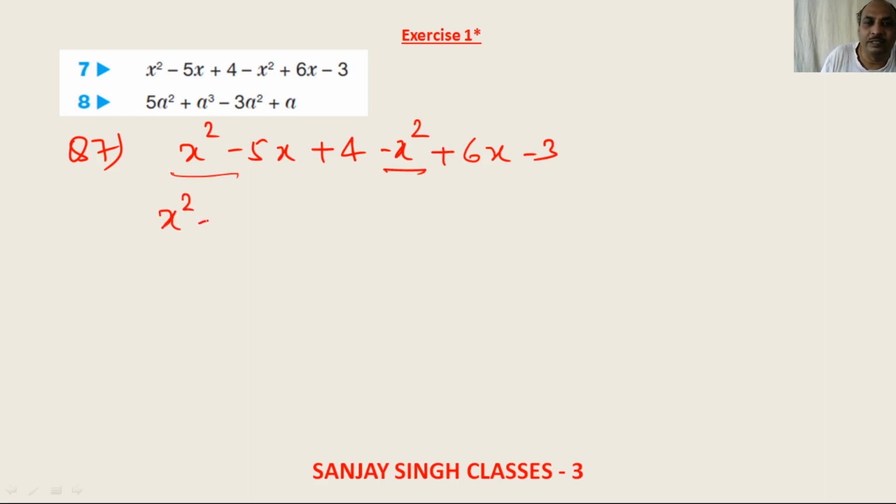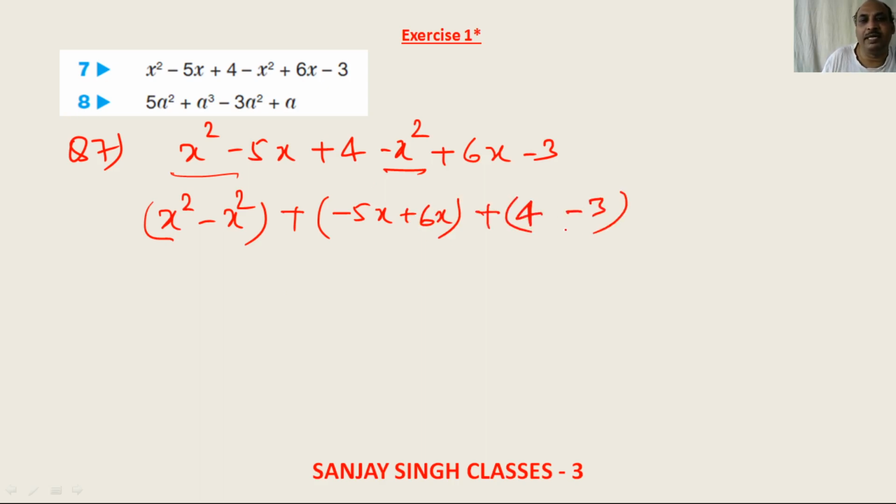We can write x square minus x square. Bring the like terms together. Then minus 5x plus 6x. So you can write plus, in bracket, minus 5x plus 6x. Again you write plus 4 minus 3 in bracket. So these constants are like terms. These 6x and minus 5x are like terms.